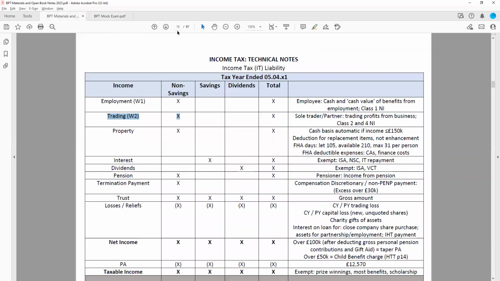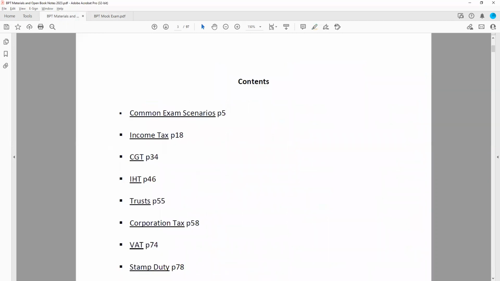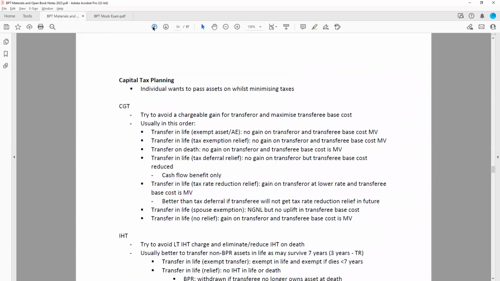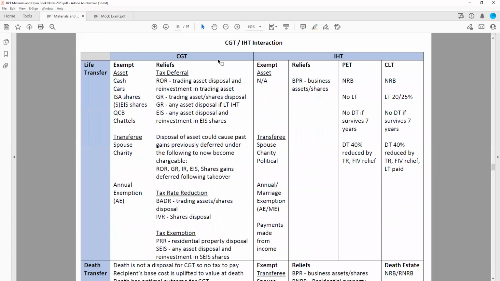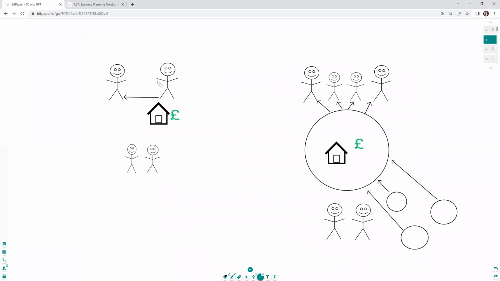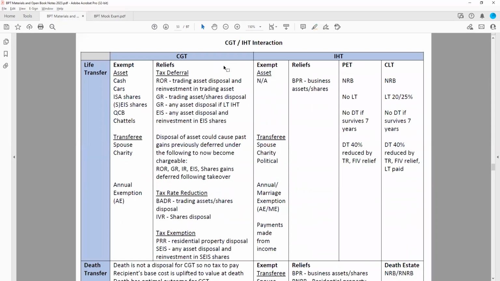Whenever we're looking at capital transactions, and whenever we're thinking about individuals passing their assets on, we always need to think CGT and IHT. So this is a lifetime transfer, clearly, because she's alive and well, as far as we know. So she's passing it on in life.